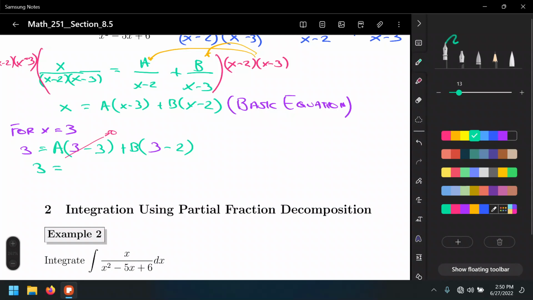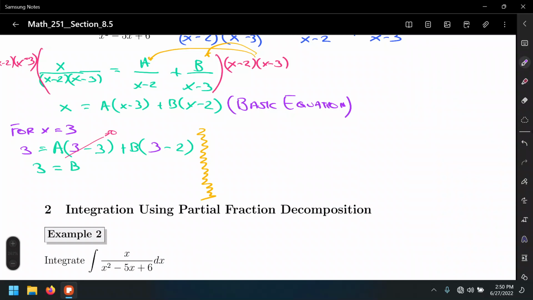So 3 equals 1 times b, which is simply b. All right, let's do the same for another value. Can you think of another convenient value so we can now find the value of a? x equals positive 2, because this would zero it out, right?